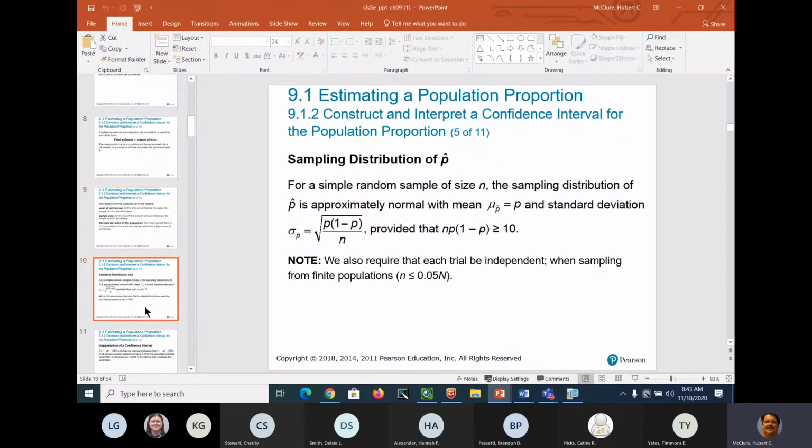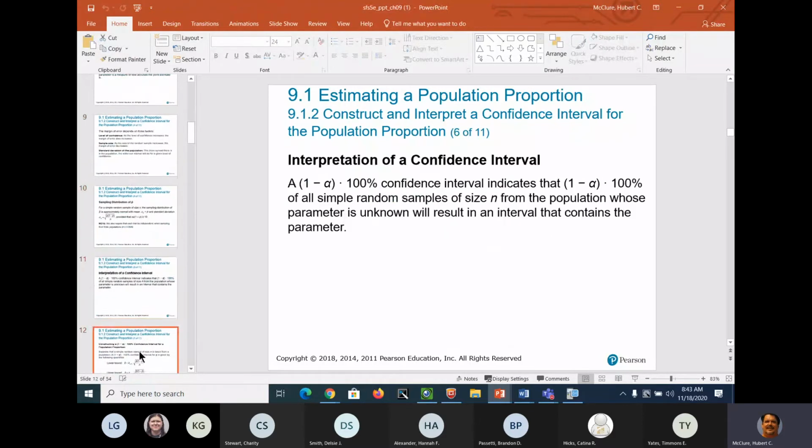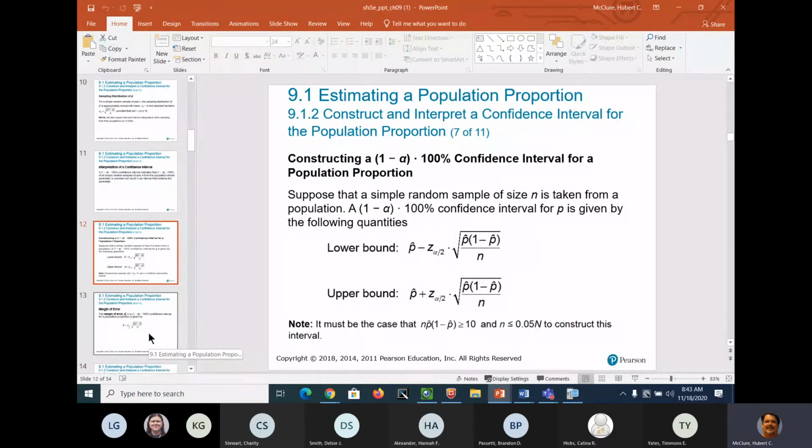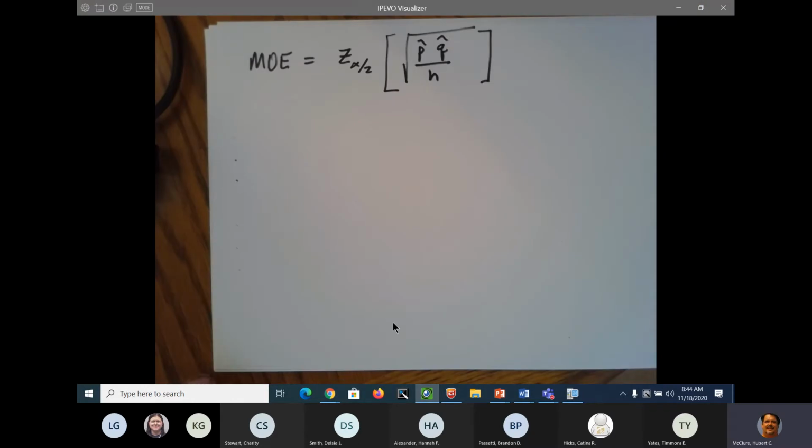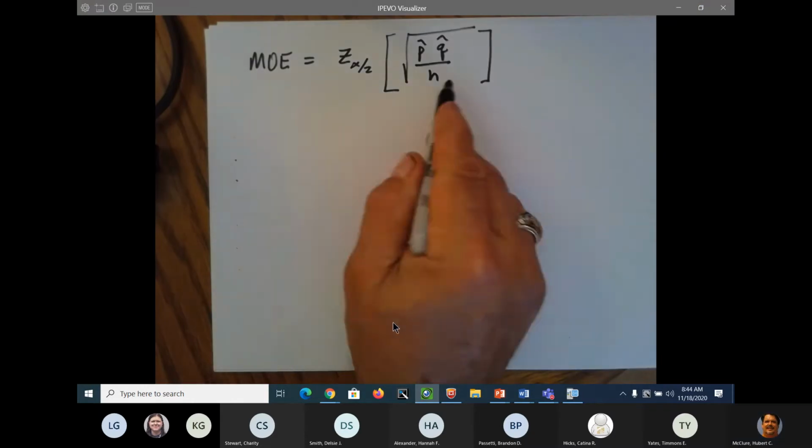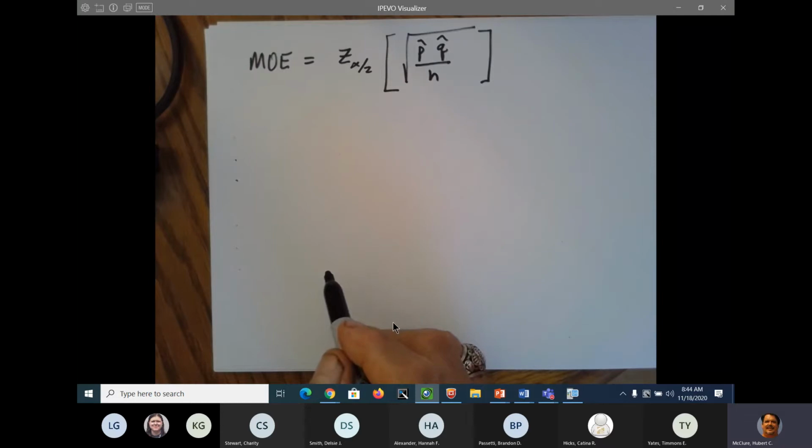Let's see. Where is margin of error? There it is. Your margin of error, don't write anything down yet, is your z-score, so z sub alpha over 2, times the standard deviation, which is the square root of p hat q hat over n. This is the margin of error formula. So write that down, margin of error formula.